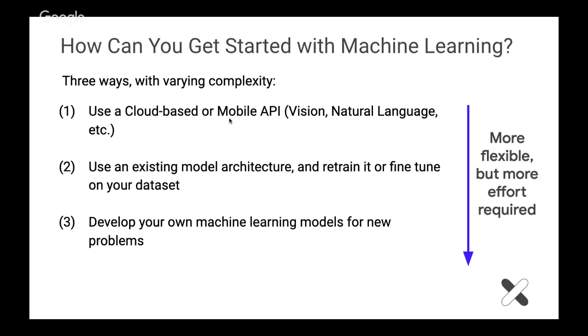Today I will cover the first one, and our expert will cover the second one. So you will start with the first step using APIs, then you can use frameworks like TensorFlow. Our second session today will focus on machine learning with TensorFlow.